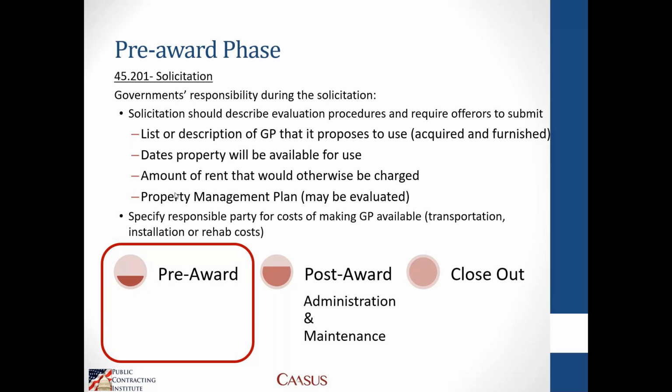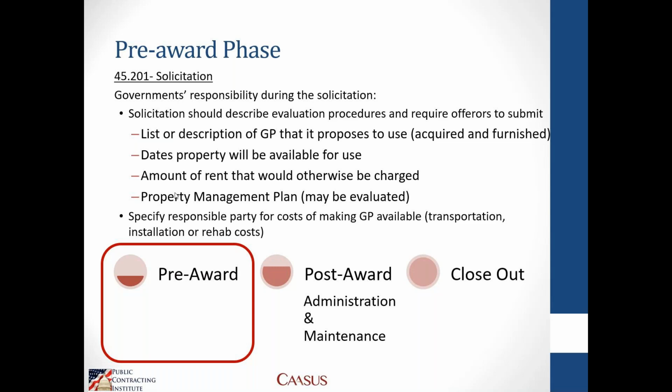So if government property is anticipated at all on a particular contract award, the solicitation should describe what the evaluation procedures are, and they should disclose any kind of government property that's anticipated to be furnished on that particular subsequent contract award. And the reason why they would include this in the solicitation is because you don't want any unfair advantage towards an incumbent contractor versus a contractor that's openly competing for the subsequent award or the recompete.